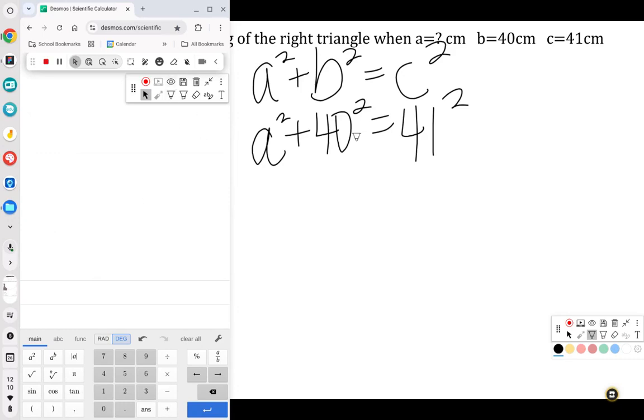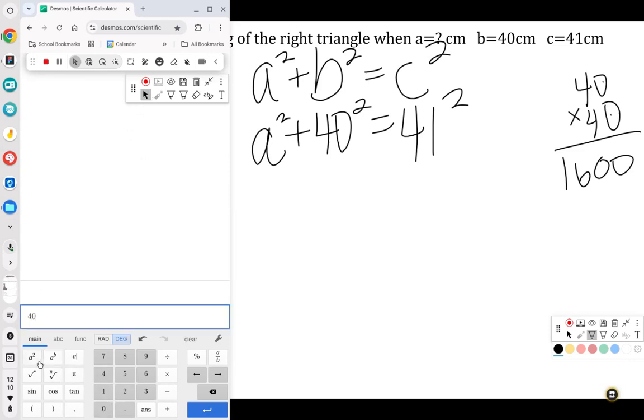Now, if you're a mental math person, you might do 40 times 40 with some mental math, right? You do 4 times 4, and then there are 2 zeros. So this should be 1600, but let's just verify that with Desmos. 40 squared, 1600. Okay, great. 41 squared, while we're at it, 1681.